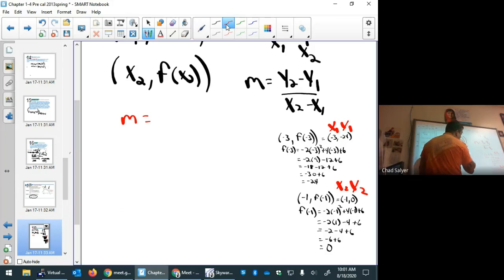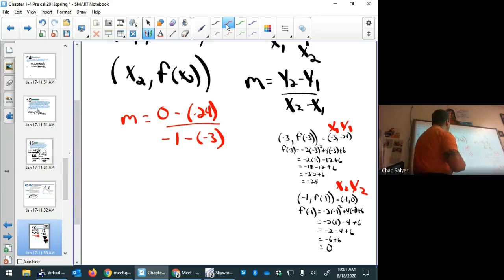So y2 is 0 minus y1 is a negative 24 over x2, which is negative 1, minus x1, so minus a negative 3. So that's 24. Negative 1 minus a negative 3 is negative 1 plus 3, and so that's 2.